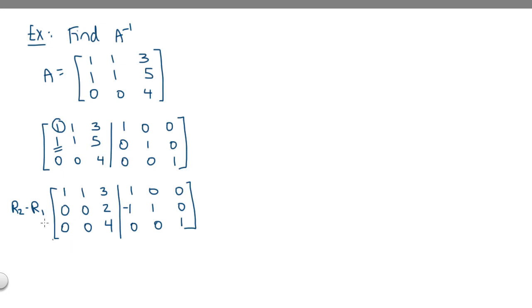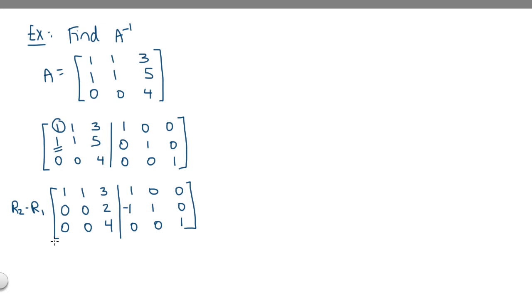And if we're just really focused on getting the identity matrix here, we might think about going down and to the right and trying to get another 1. But if we think back to our last example, remember that as soon as you get a 0 row on the left-hand side, the problem is going to stop.